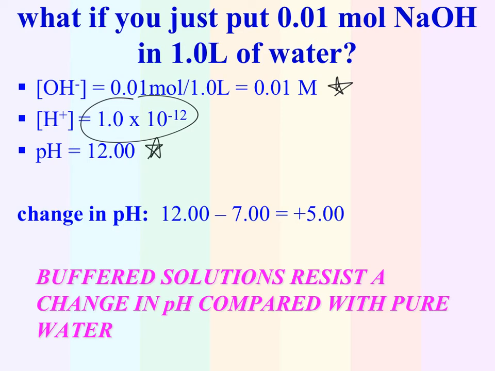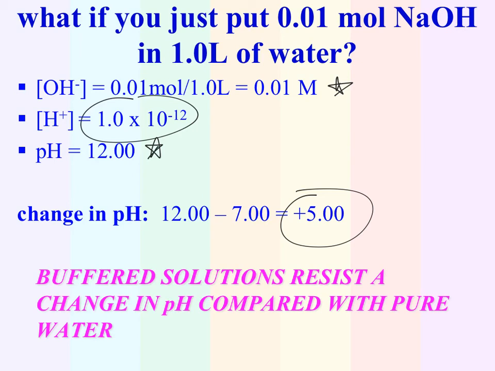Okay, so if I just had plain old water and I added the same amount of sodium hydroxide to that water solution, my pH of that solution would be 12. Obviously that's a huge change from the normal pH of water, which is 7. When the buffer is not present and you add a strong base or a strong acid, you're going to see a very, very large change in your pH value with respect to the original pH of that solution.